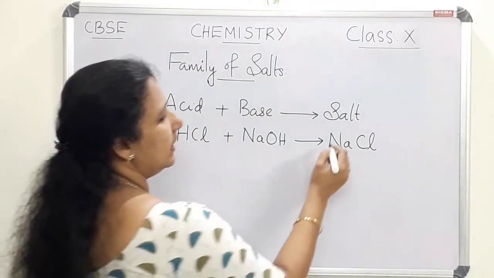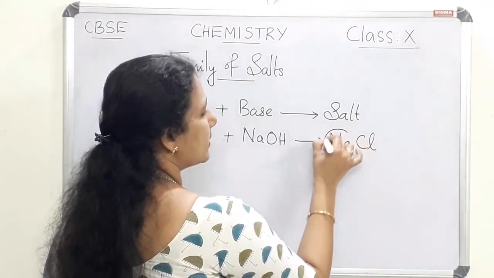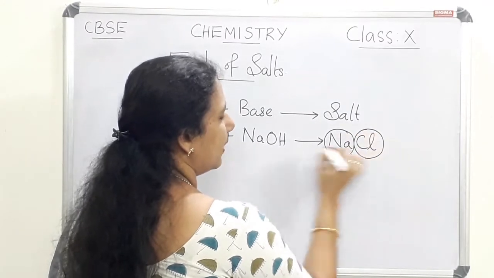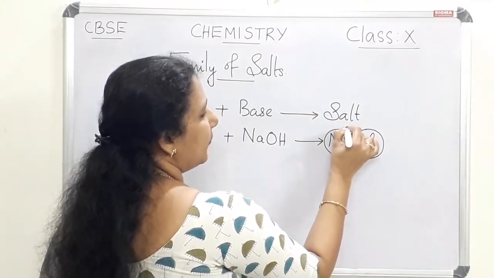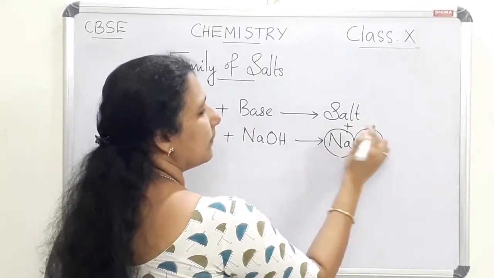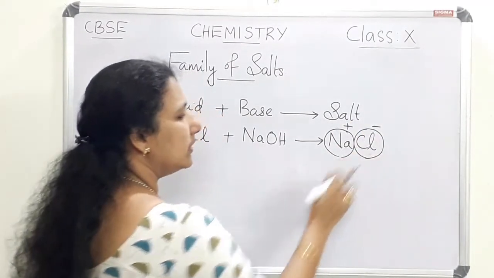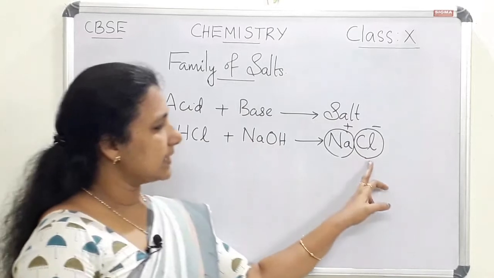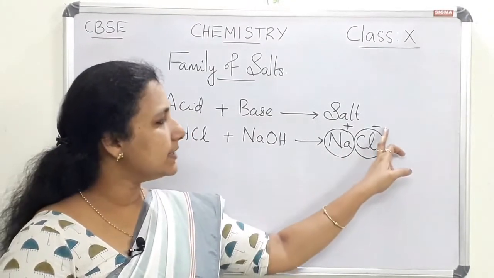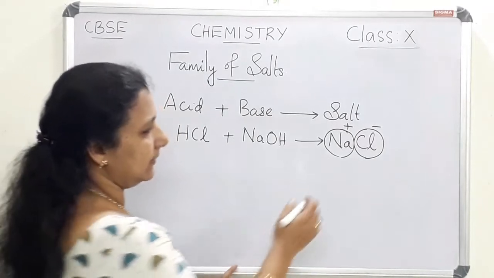A salt contains two parts. The first part, the metal part, is known as the positive part or positive radical, and the second part, other than the metal, is called the negative part or negative radical.